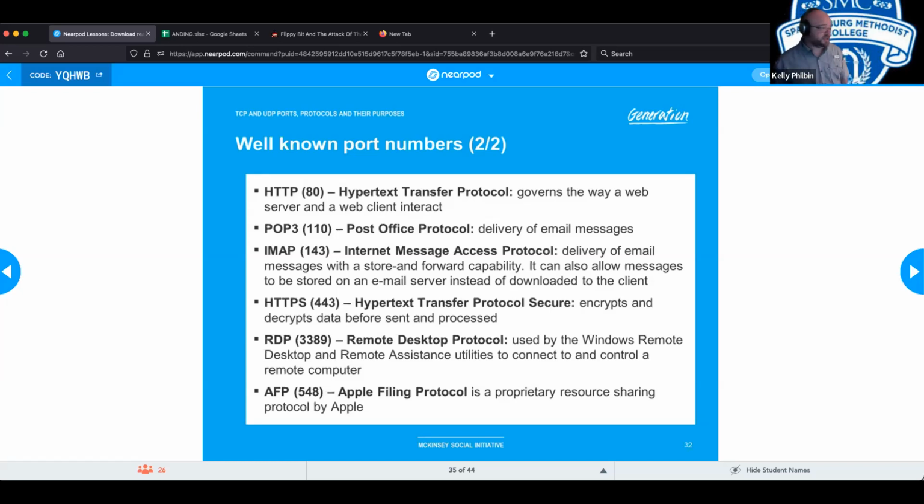So HTTPS encrypts and decrypts data before it is sent and processed. If you're looking at a web address and you see that nice little padlock up in the corner of the URL, that is letting you know you're on HTTPS. If it is unlocked, that means you're on an unsecure network, and that is just strictly HTTP.